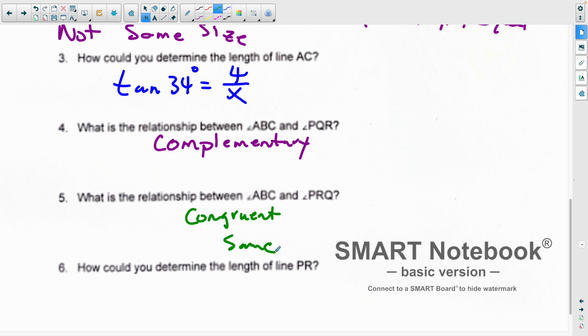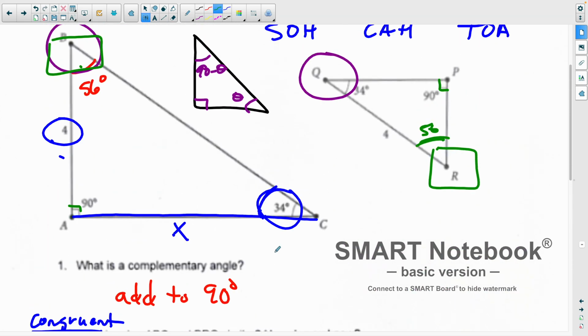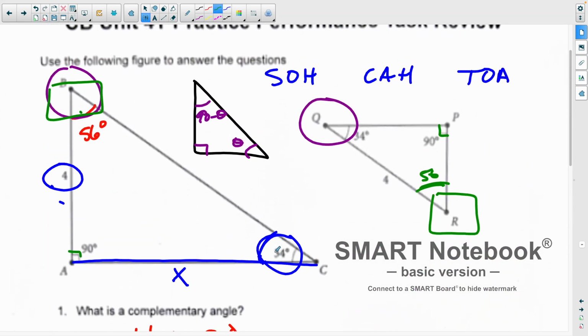All right? And then the last one on here says, how could you determine the length of the line PR? So I'm going to go back up here. Here is PR. I'm wanting to find that right there. What do we use? Adjacent and hypotenuse.